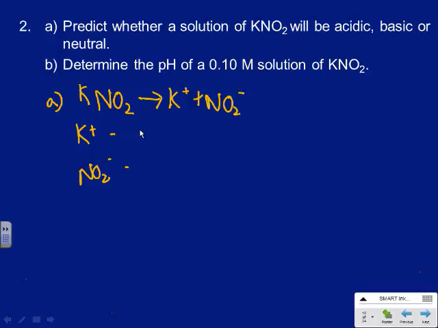What's K plus? How is it going to behave in the water? Spectator, comes from KOH. NO2 minus. Again, if you're not sure where it comes from, it's a moderately weak base.